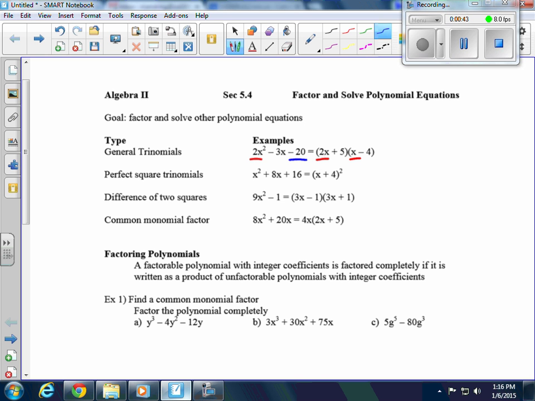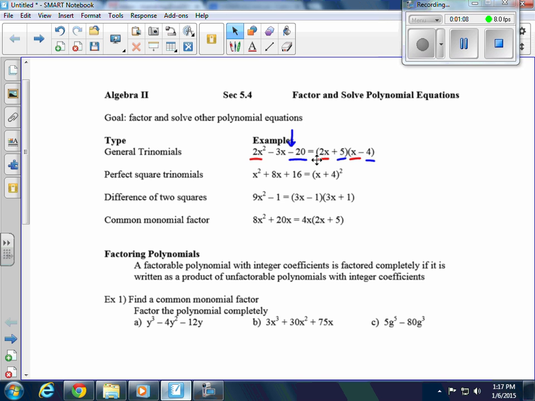The last term comes from multiplying those two. The last number in each binomial has to be the product of the last term. And then the signs come from, if this sign here is negative, then you have signs that are opposite. If that sign was positive, then you would have the same sign.